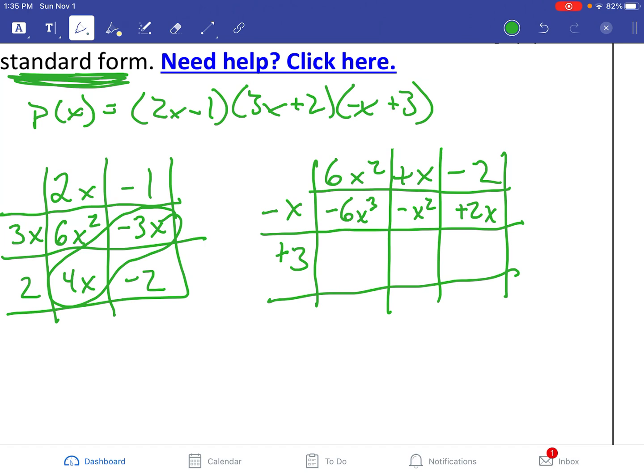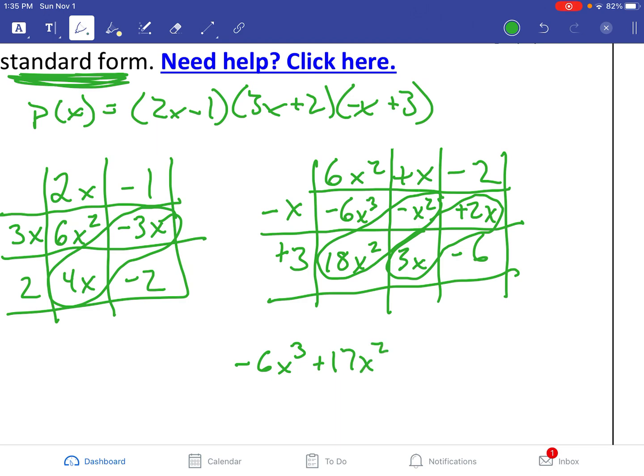All right. 6x squared times 3 is going to be 18x squared. x times 3 is 3x, and 3 times negative 2 is negative 6. Again, the diagonals are like terms. So we're ending up with negative 6x to the third plus 17x squared plus 5x minus 6.